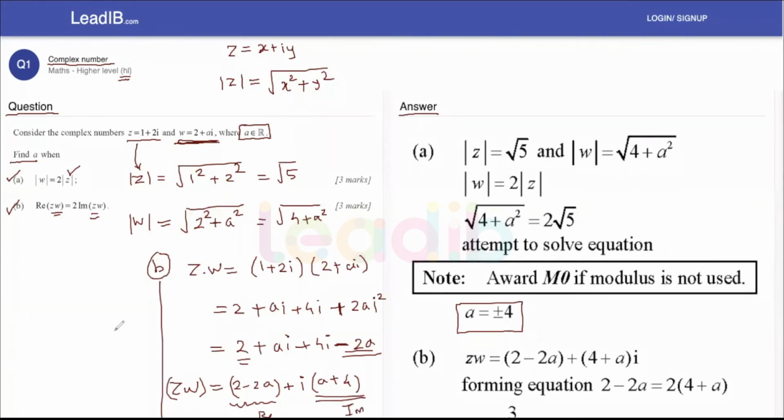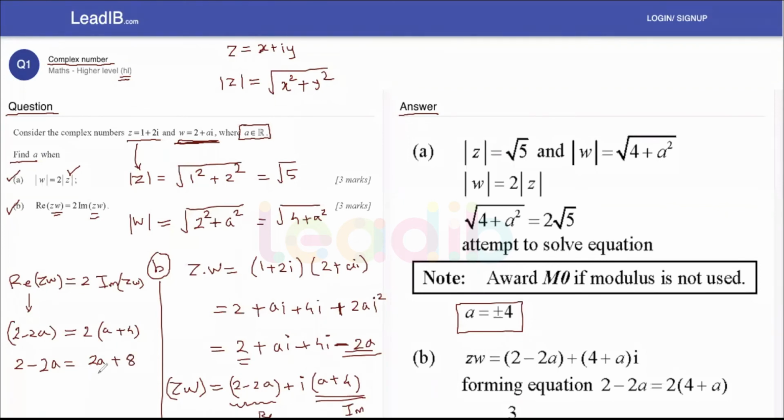Once you obtain that, as per B, we have a condition given here that the real part of ZW has to be equal to 2 times the imaginary part of ZW. Using this condition, the real part of ZW is 2 minus 2A, and the imaginary part of ZW is A plus 4, and then there is 2 times. Let us simplify this further. 2 minus 2A is equal to 2A plus 8, multiplying the 2 inside.